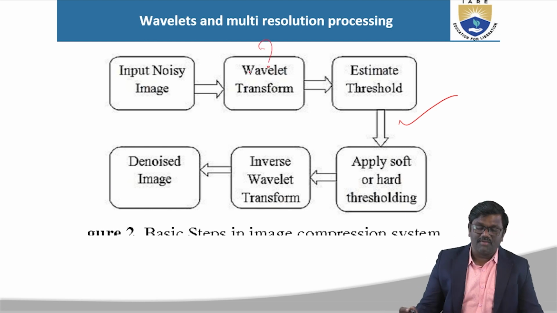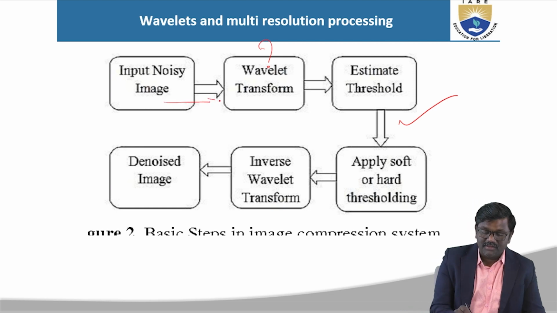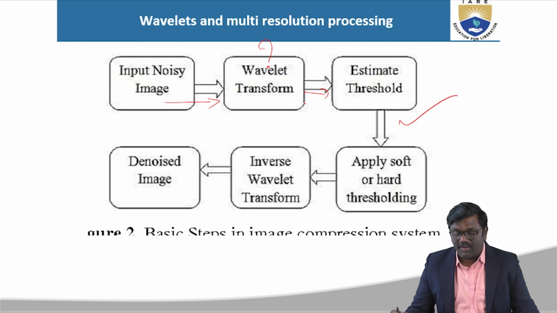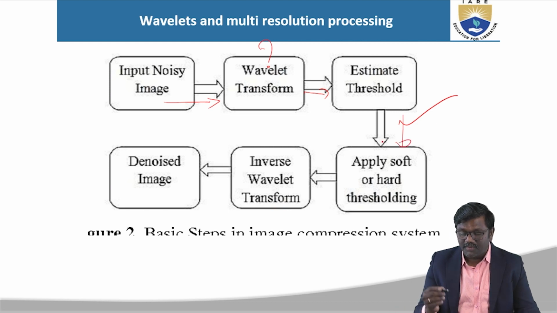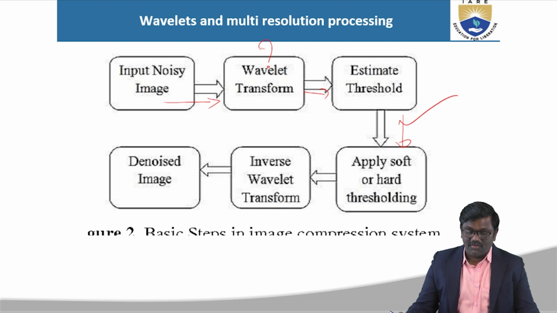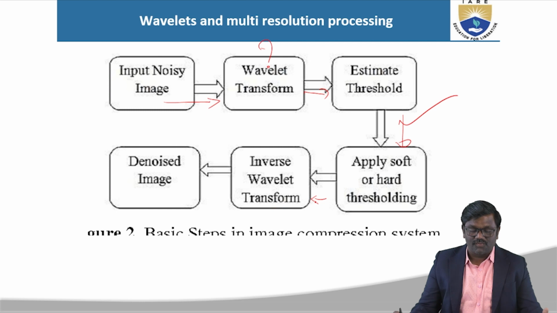What does wavelet transform mean? In terms of multi-resolution processing, we take the noisy image as input, process it with multi-resolution processing, and estimate the threshold value, based on a software or hardware threshold, and then convert it with the inverse wavelet transform to get the denoised image.